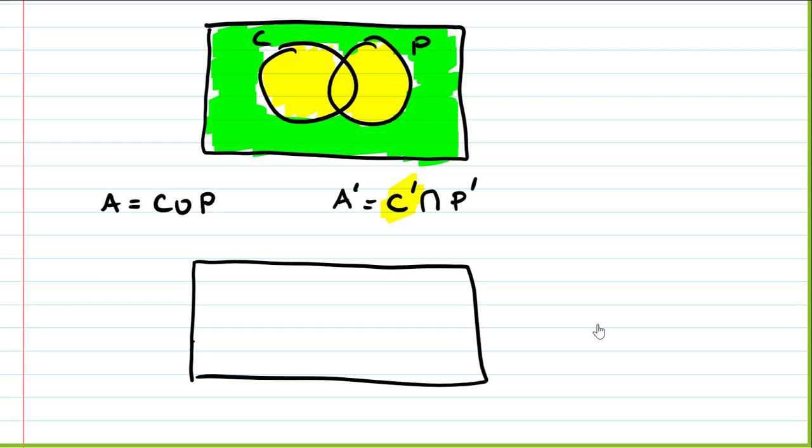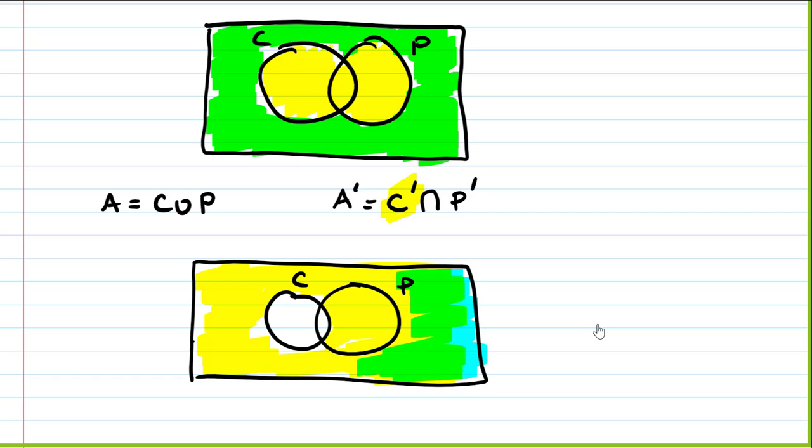If I make C prime yellow, so here's C, here's P, that's everything that's not in C, right? So that would be like all of this. So that's not C. And not P would be everything that's outside of P. But then we want the and of that. So the and is the intersection.